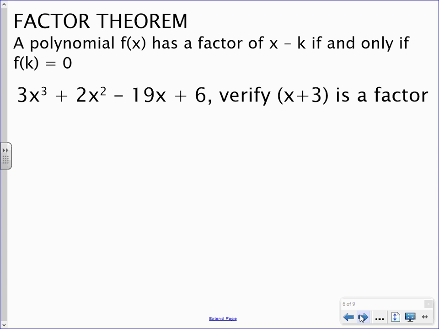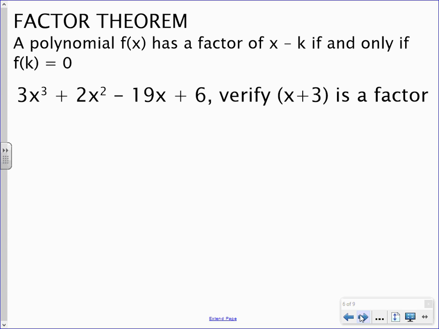If we know x minus k is a factor, then we know k is a 0. If k is a 0, then we know x minus k is a factor. x minus k is a factor if and only if f of k is a 0.